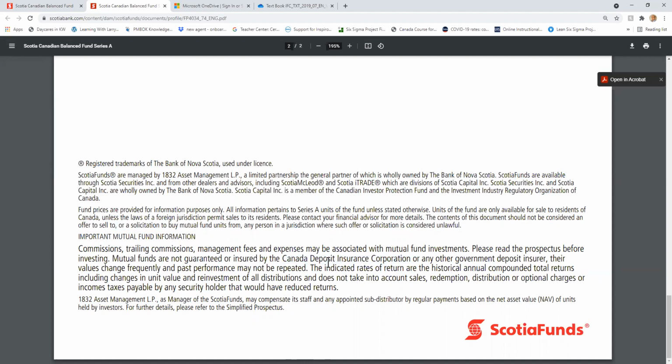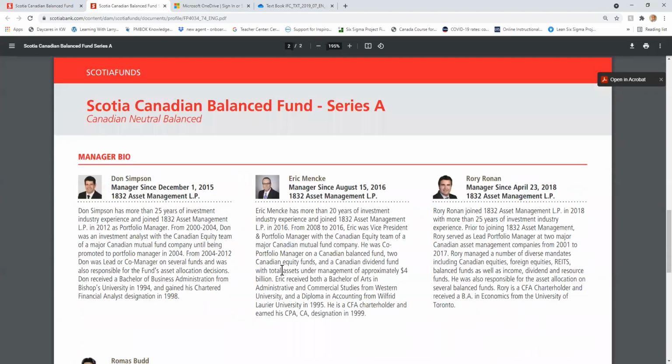They cover up to $100,000 in bank accounts and also GICs, but not mutual funds, and this is very important. Their values change frequently and past performance may not be repeated. So basically, no guarantee. Clients should not be misled into thinking they are going to get so much return. This must be mentioned and indicated to the client.